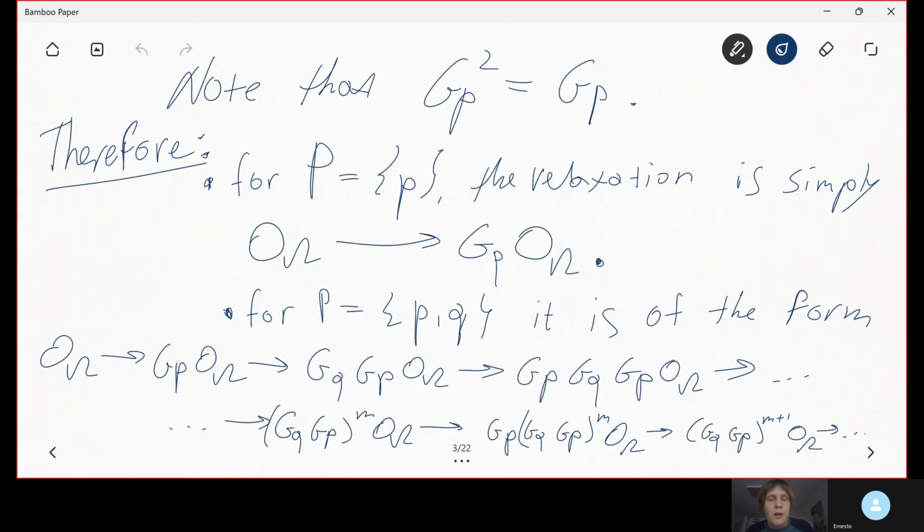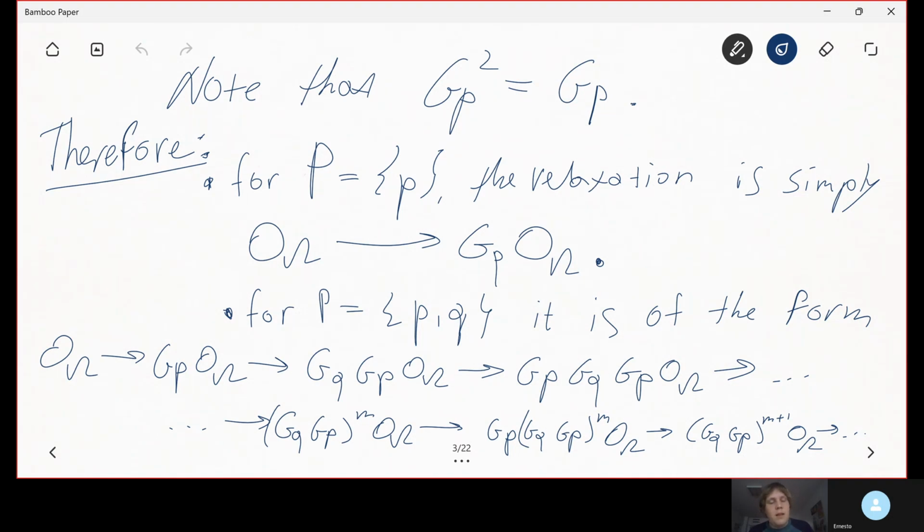And so if you have a single perturbation point, then your relaxation at the tropical level consists of a single step. You start with the zero tropical series, which is like all three state, and you pass to GP of O omega, and that's it.